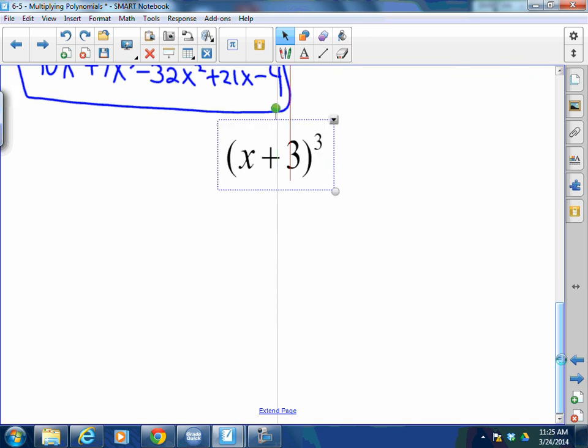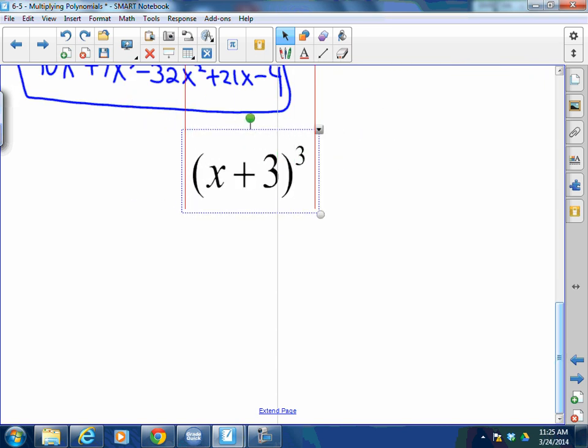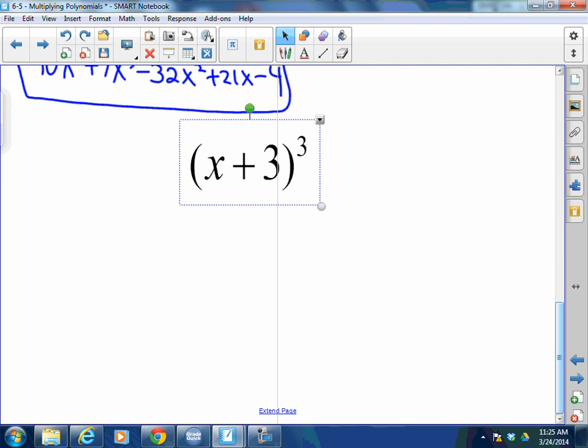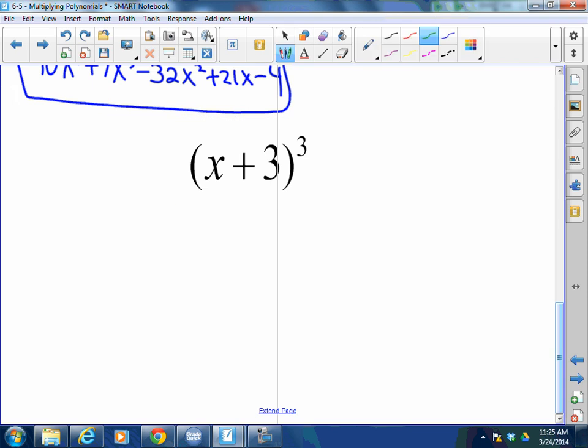Okay, it's my last example. I want to pull this one aside and really take my time with this. This is very, very confusing for some people. If I gave you this, this would come out as 3 cubed x cubed because I multiply the exponent to everything inside, right? You guys remember that, right? Okay.